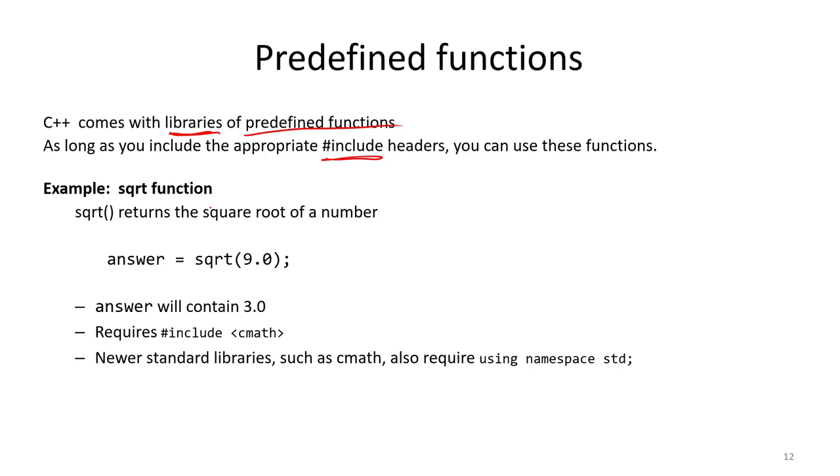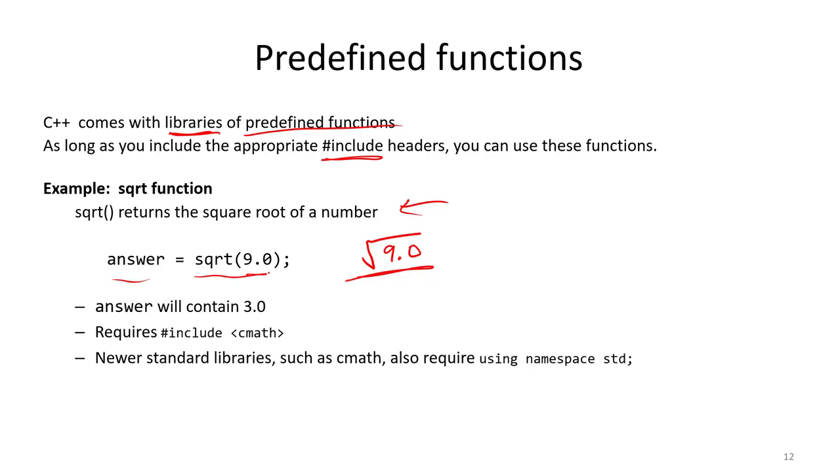So one example is the square root function. This is just like the square root in math class. So here we have, for example, answer equals sqrt of 9. That's the same thing as writing in math terms the square root.